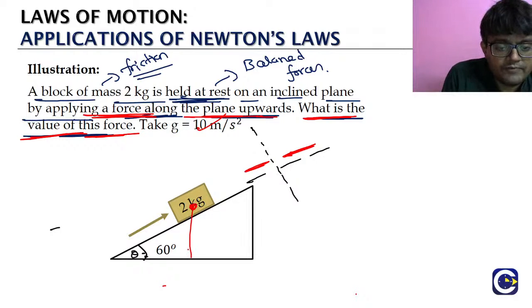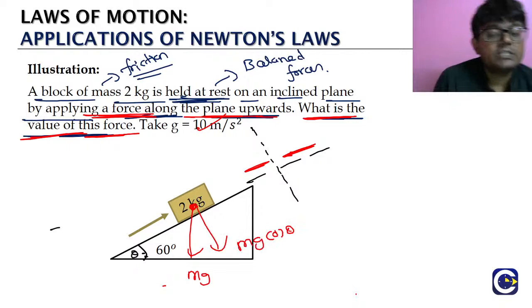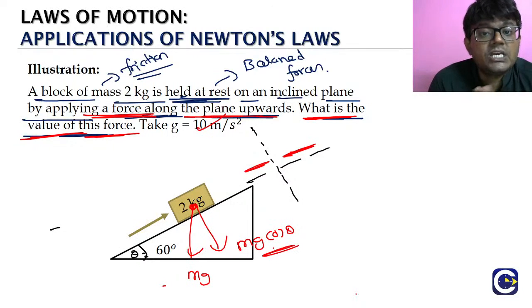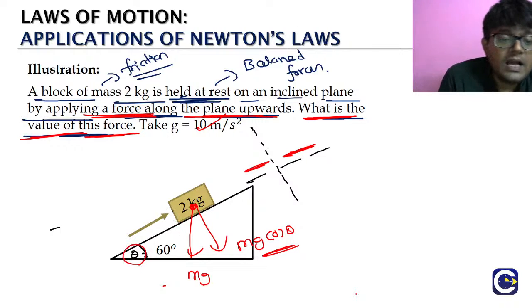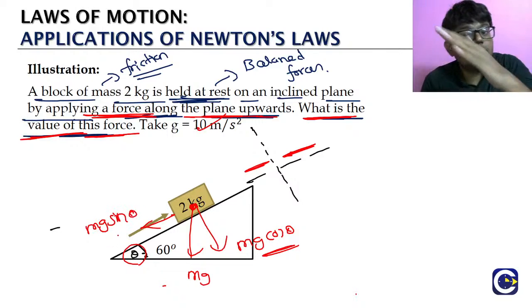The component of the weight which is perpendicular to the plane will always be mg cos theta. Theta is the inclined plane angle. The other component of the weight will be mg sin theta, which is going to be down that inclined plane.